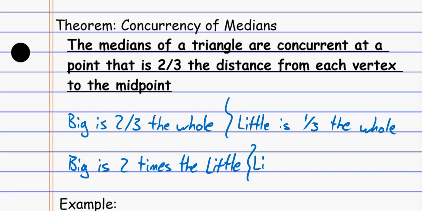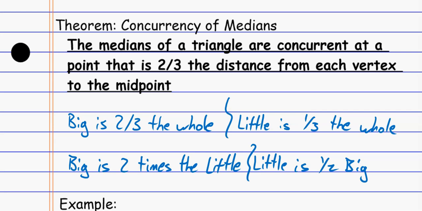Likewise, the little piece is half the big piece. Sorry, I capitalized Big and Little the whole time, so I got to keep it capitalized. When we think about it that way, it makes it a lot easier.